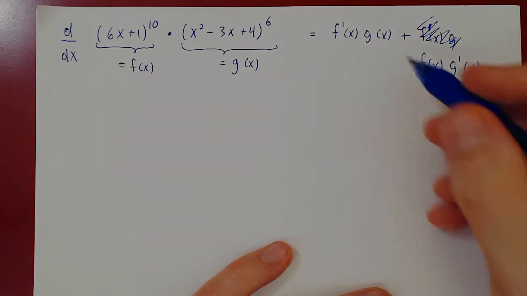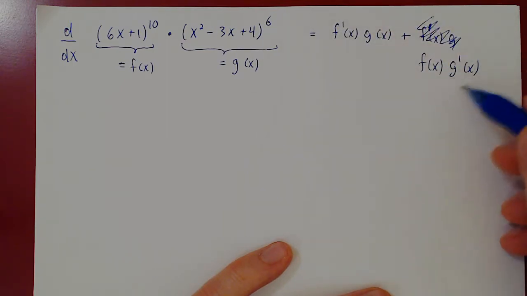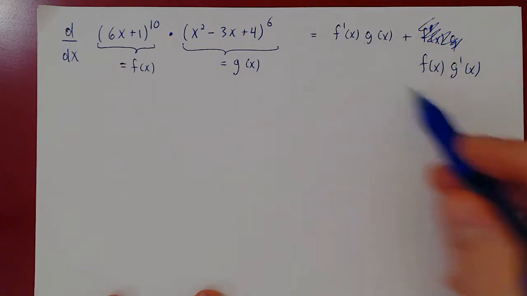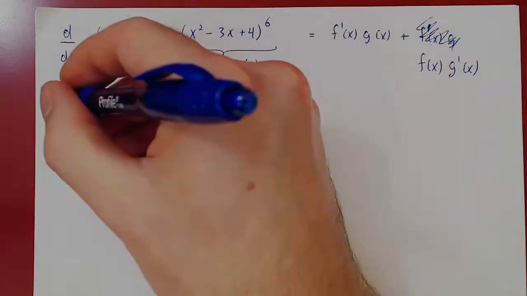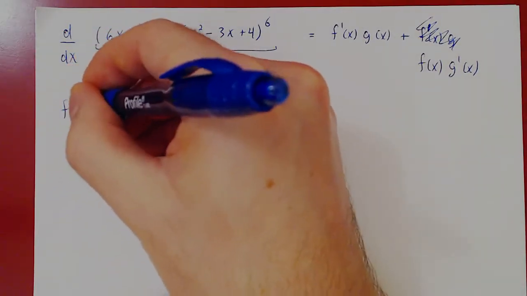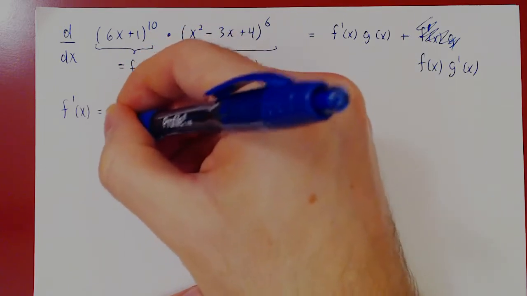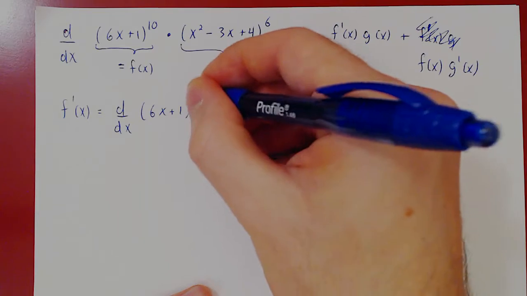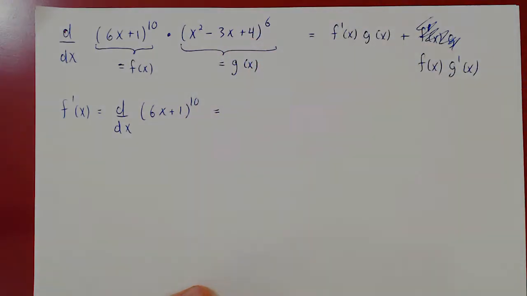So all we need now is the derivative of f and the derivative of g. So let's find both of these separately, and then we'll plug them in. So f prime of x is the derivative of the function (6x plus 1) to the 10th power. And now here we have a composition. We have to use the chain rule.